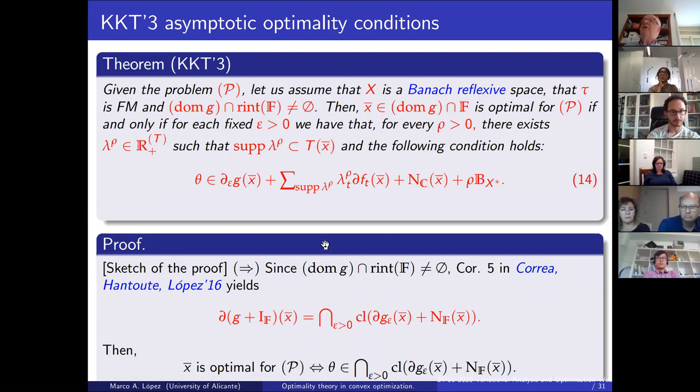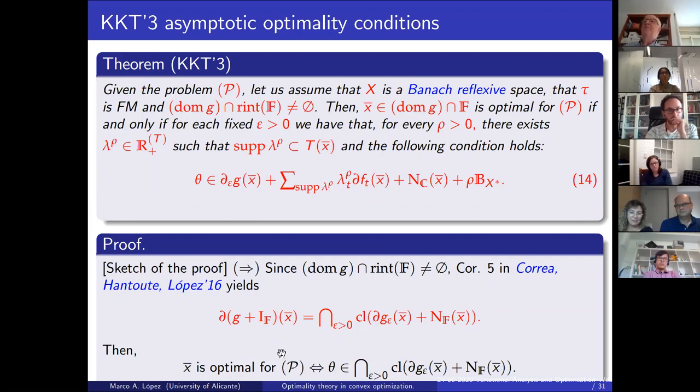Since I have this condition here, applying one corollary in one paper with Rafael Correa and Hantoute, we succeeded in proving this formula for the subdifferential of the sum. It's in the line of our aim in a couple of papers, extensions of the Moreau-Rockafellar. But in this case, I have not succeeded yet in decomposing the closure here. It's just a first step.